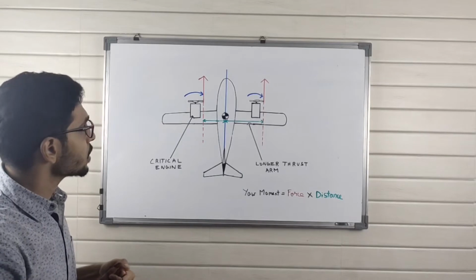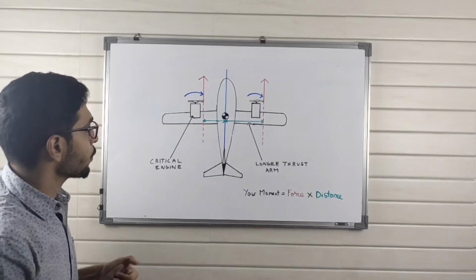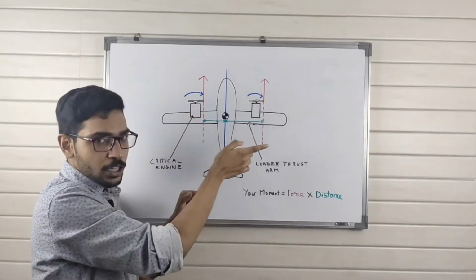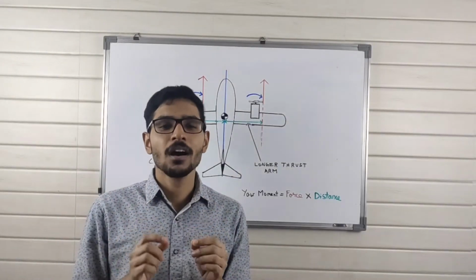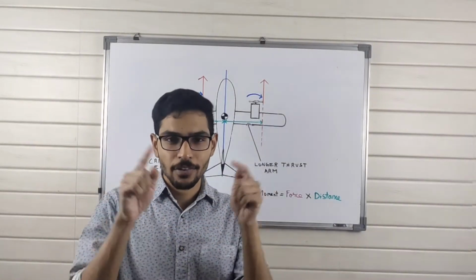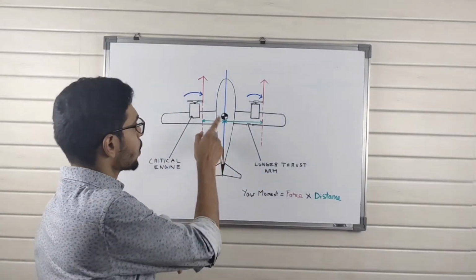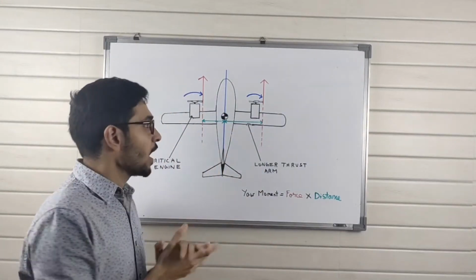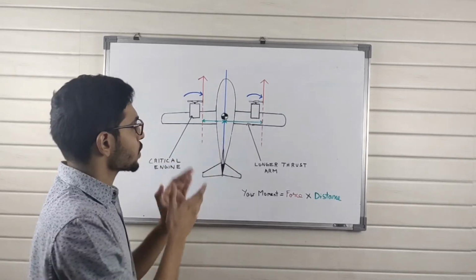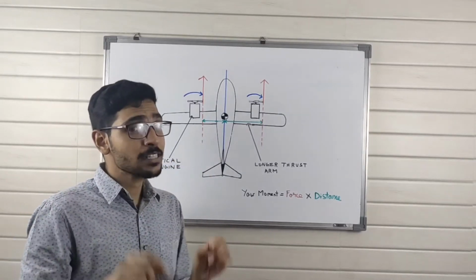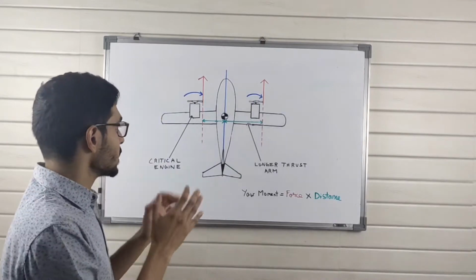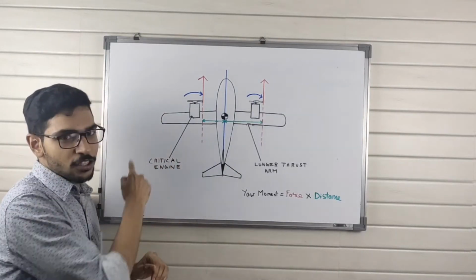Critical engine is a problem only if your propellers are rotating in the same direction. To solve this problem, most of the modern airliners have counter rotating propellers. That means the distances on both the sides would be the same, and in case any of the engines fail, your yawing moment would still be the same, and hence there won't be any critical engine.